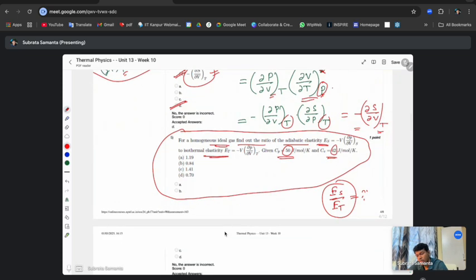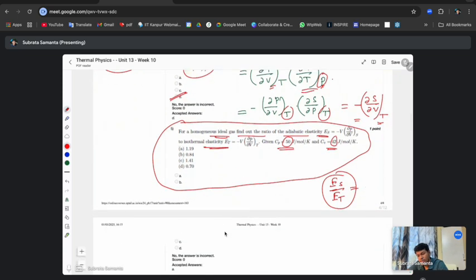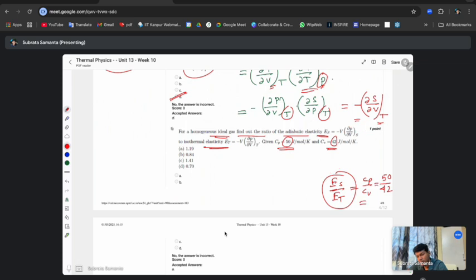So ES over ET is basically Cp over Cv, which is 50 over 42. It's very close to what? 50 over 42 is very close to 1.19. So option A is correct.